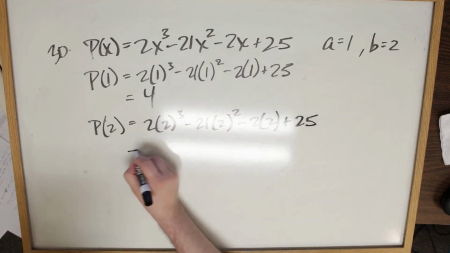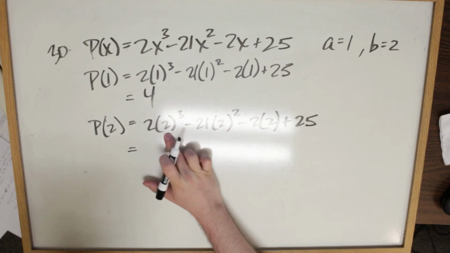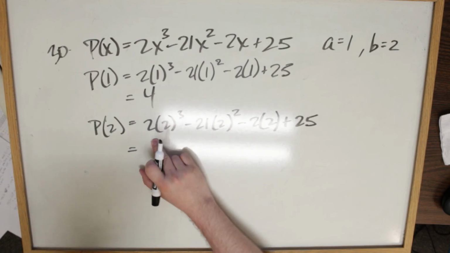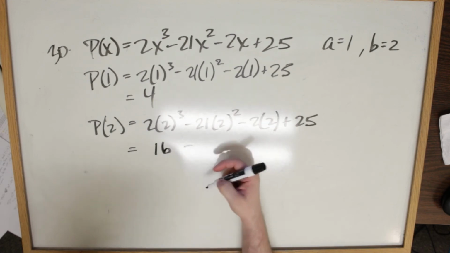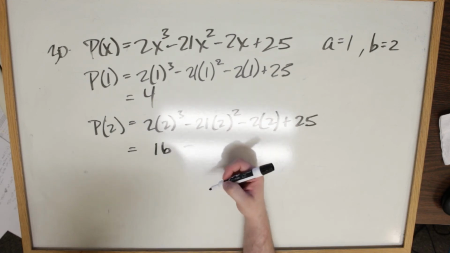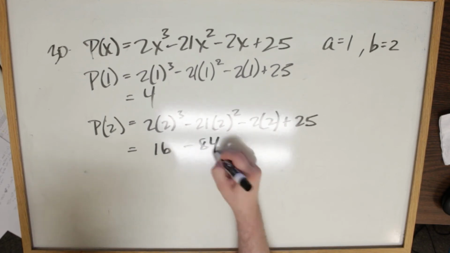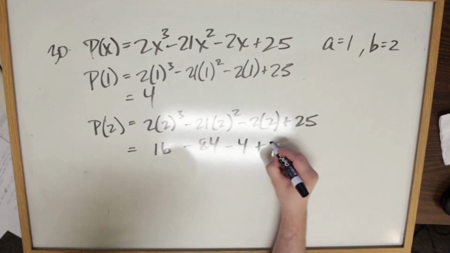I feel like this is going to be a pretty big number. 2 times 2 times 2 times 2 is 2 to the 4th, so that's 16. 2 squared is 4, so 4 times minus 21 is minus 84. Then we get a minus 4 here, and then plus 25.